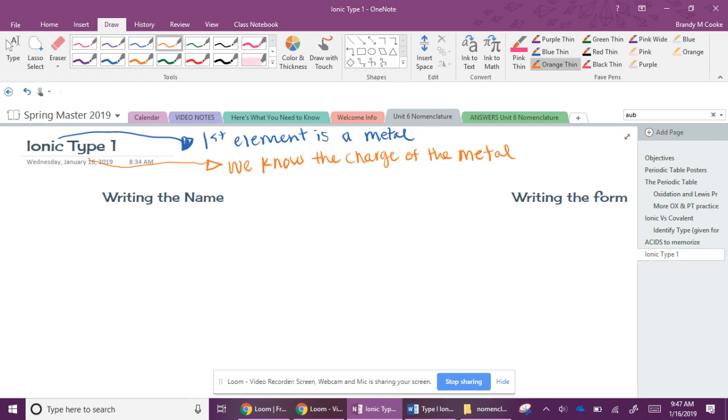So, okay, writing the name. We already talked about this in one of the videos, but it's basically two super simple rules, two easy steps. Step 1 is we name the metal. Step 2, name the nonmetal.